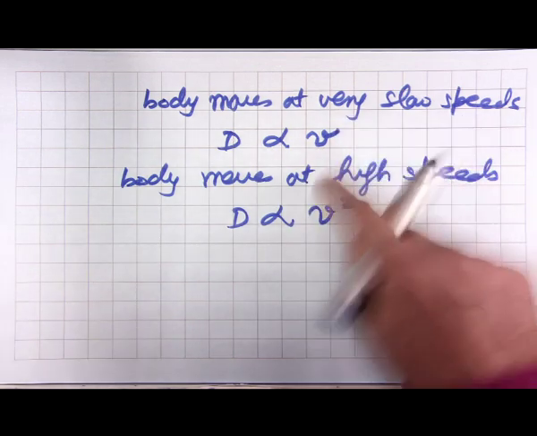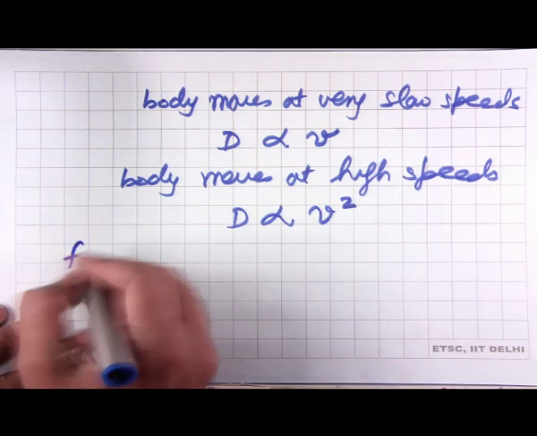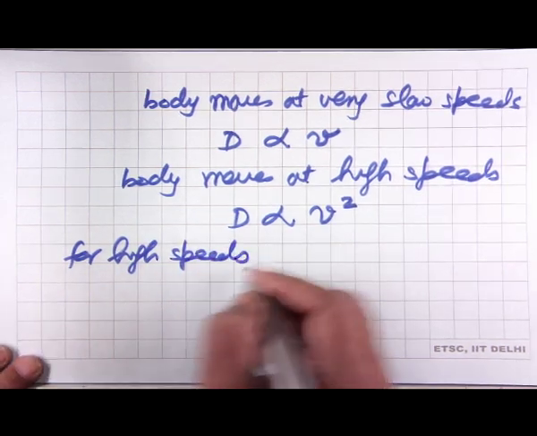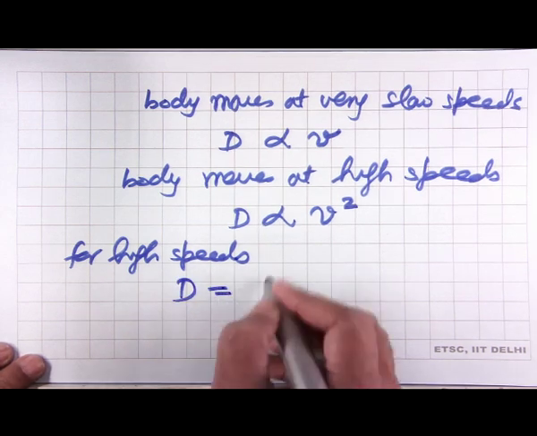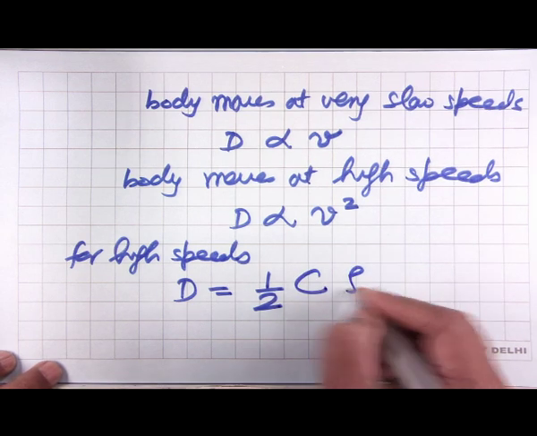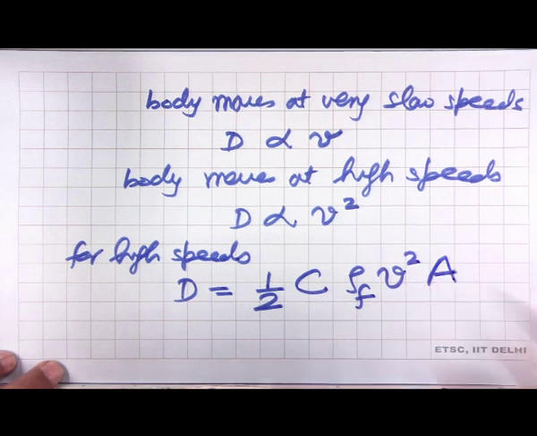Well, it could in general be a function of v, but this is what we take. For bodies moving at high speeds, the drag force is sometimes represented as half times C times rho of the fluid times v square times the area.